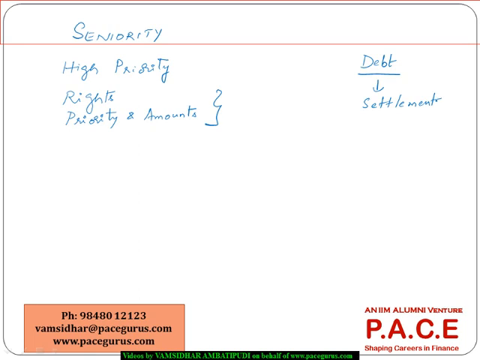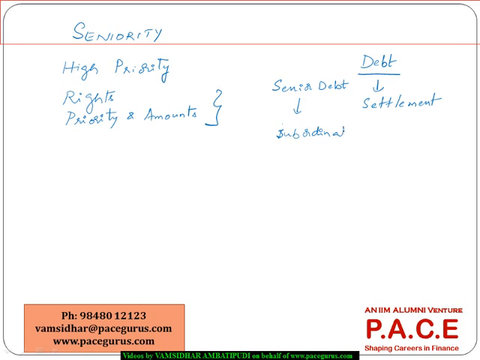So within the debt, we may talk about senior debt instruments receiving more priority in settlement, then a middle level debt, and finally junior or subordinated debt.